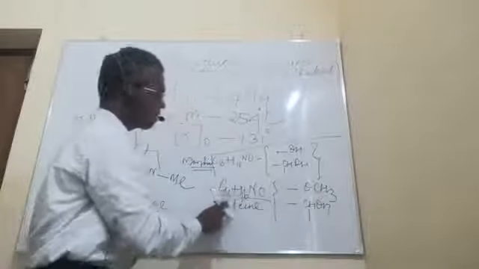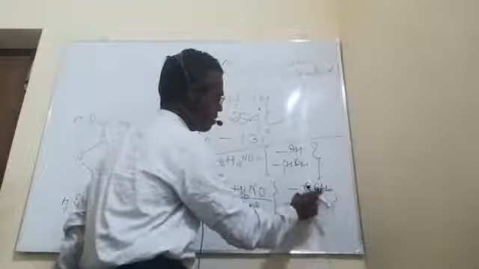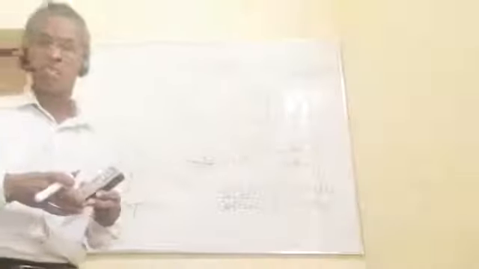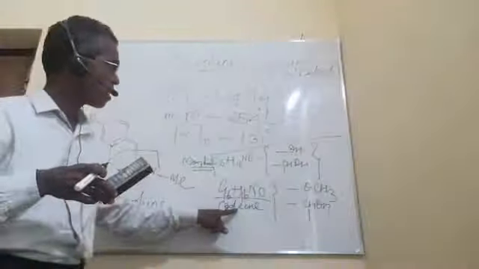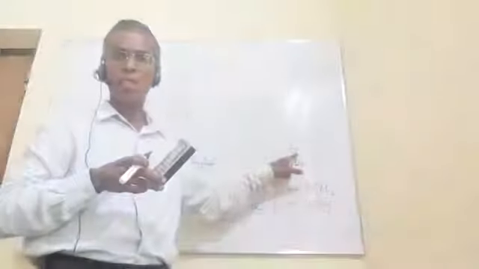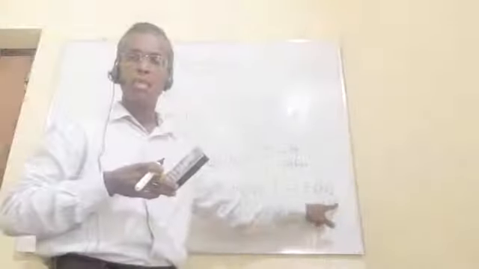The basic structure remains the same. The slight difference is that in morphine there is one primary alcohol, and in codeine, instead of the primary alcohol, there is one methoxy.